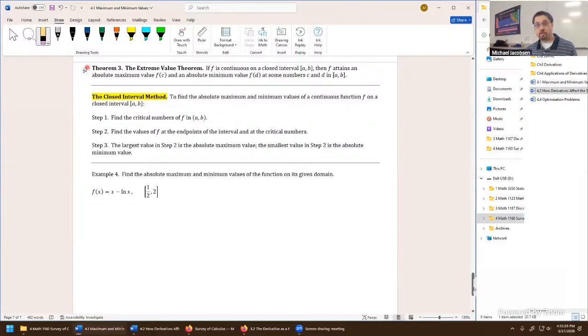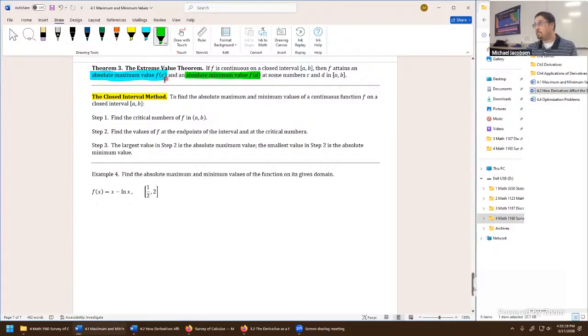So first, just to review, the major theorem that's going to be working for us is the extreme value theorem. It tells us that if we start with a function that's continuous and also insist that its domain is a closed interval, then there will be an absolute maximum value somewhere inside that domain, and there'll also be an absolute minimum value as well.